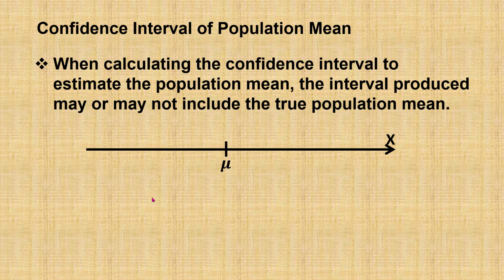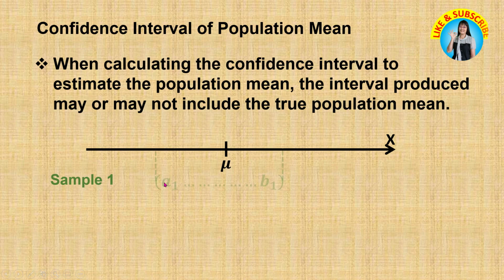To calculate the interval, one sample is selected from the population, and based on this sample, an interval is calculated. Let's say the interval is from A1 to B1. When we look at here, we find that this interval includes the population mean.